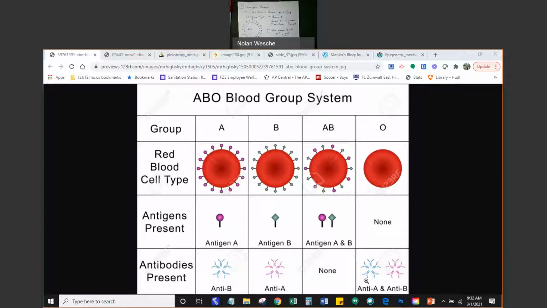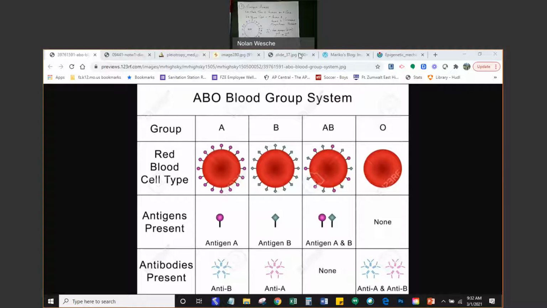You really don't have to worry about this much right now, but this is why only certain blood types work together in terms of transfusions. Somebody with type O is the universal donor because theirs is kind of a clean canvas and they can donate to anybody. Somebody with type AB can receive any type of transfusion because they have all the antigens possible, so they don't produce any antibodies.